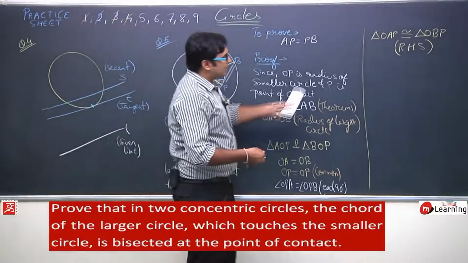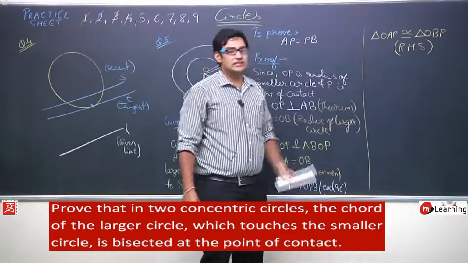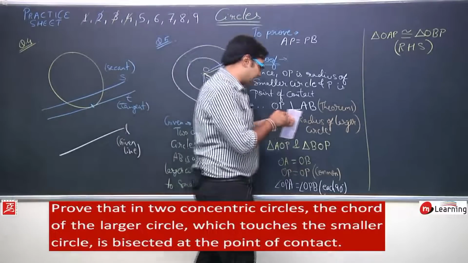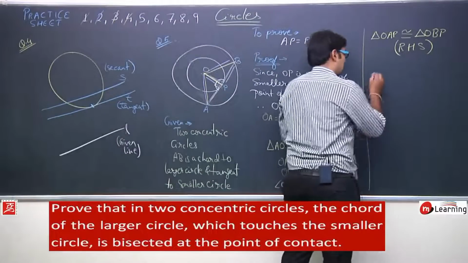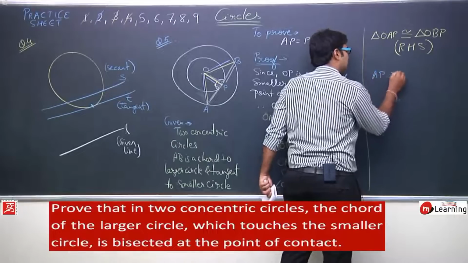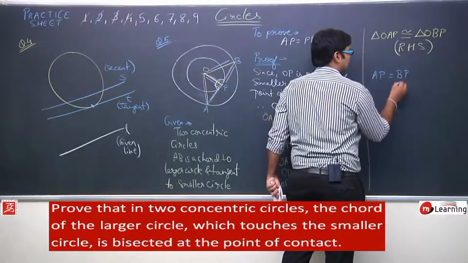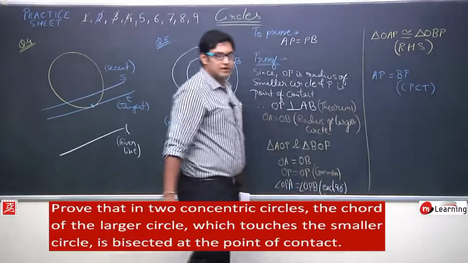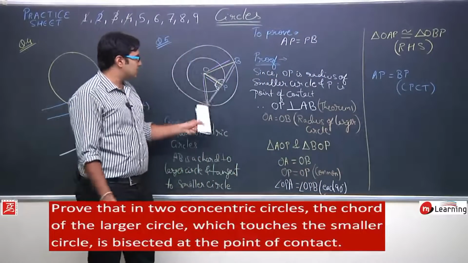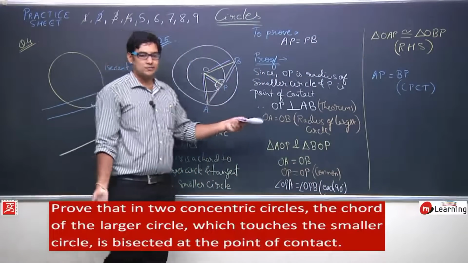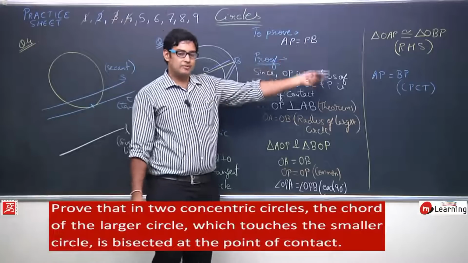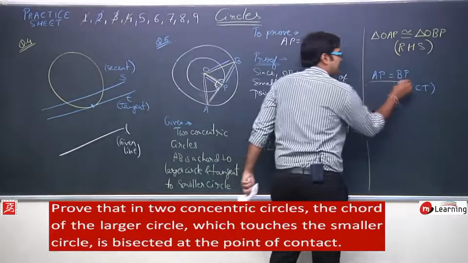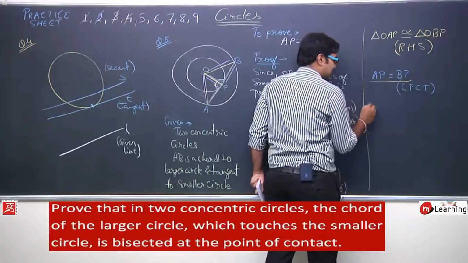So by RHS criteria, both the triangles are congruent. Now since triangles are congruent, what I can have is AP is equal to BP. Why? Because of CPCT. CPCT is corresponding parts of congruent triangles. So AP and BP are equal. This is what we have to prove. AP and PB are equal.